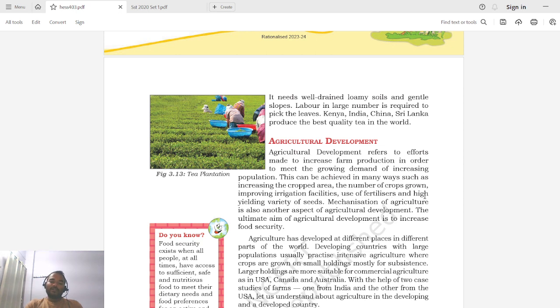The use of fertilizers and high yield variety of seeds. So we may use fertilizers to increase the production, and there are some varieties of seed known as high yield variety seeds. These seeds are capable of producing a much higher product as compared to the conventional seeds, right? But the drawback of these seeds is that they attract pesticides very quickly, and they require huge fertilizers and plenty of water.